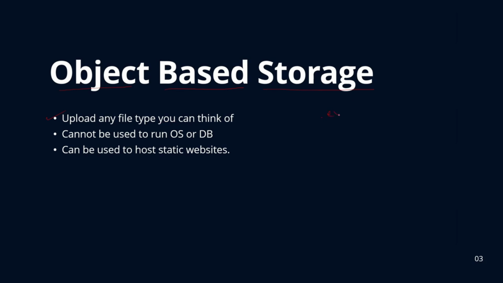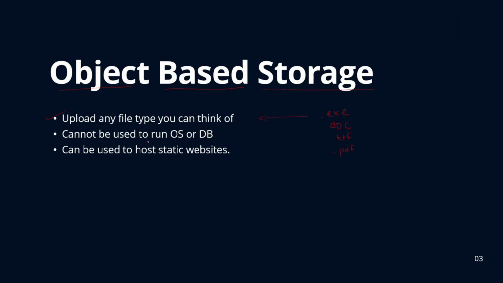Maybe you have an .exe, a .doc, a .ttf, which is the format for fonts, or a .pdf, or any extension. Any file type that you can think of can be uploaded to an S3 bucket.